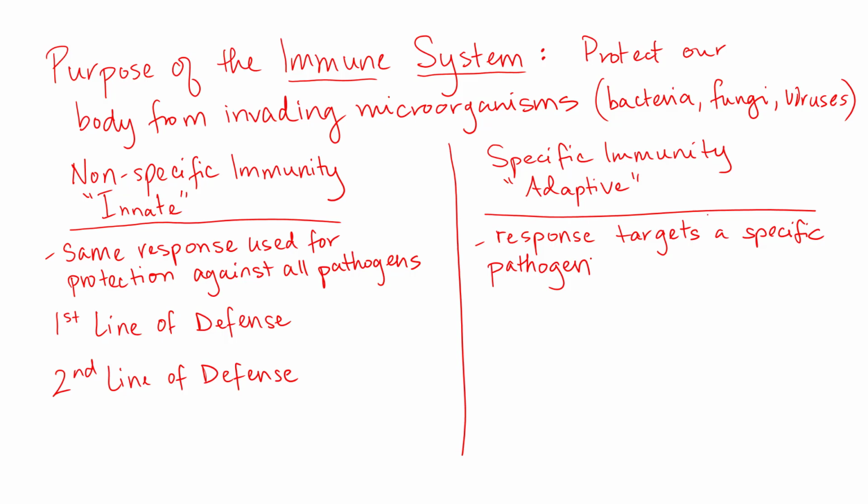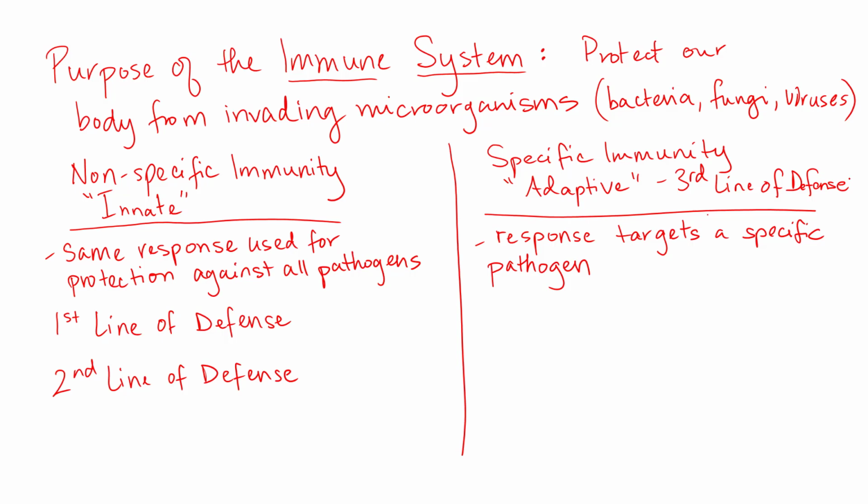It's kind of going in that order. First and second line of defense mechanisms will act as protective barriers, and then if that is ineffective, specific immunity is initiated. We oftentimes refer to this as the third line of defense. We really describe the immune system in terms of these lines of defense, where there's 1, 2, and 3 lines of defense.